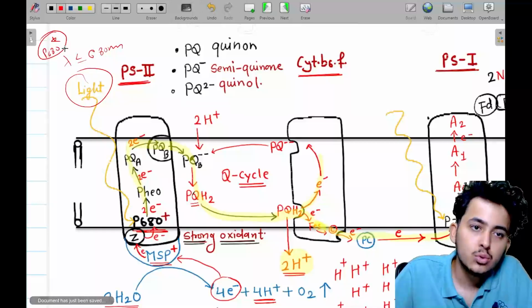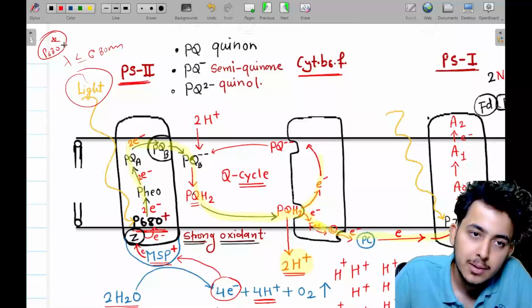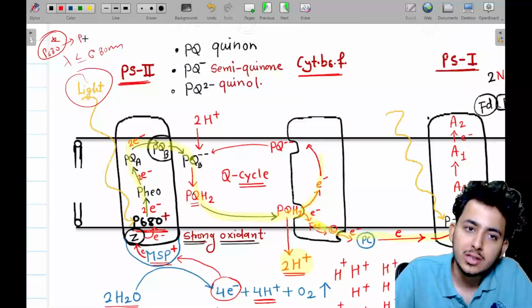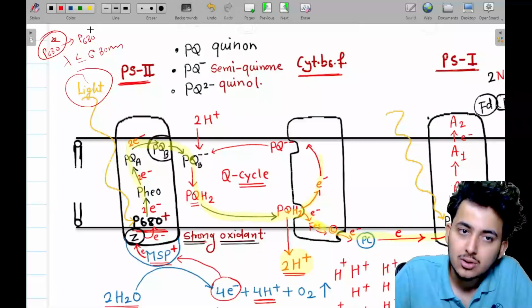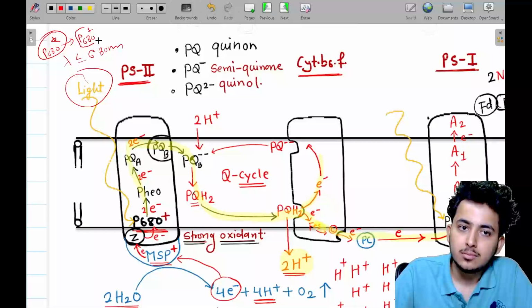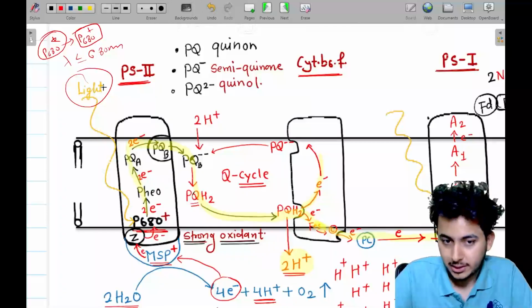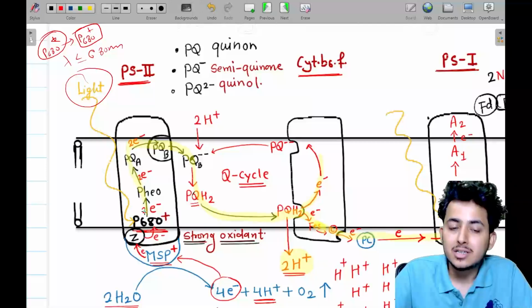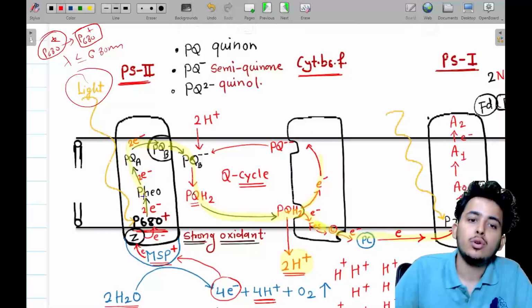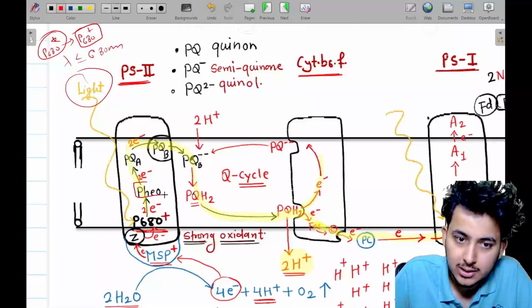Once it moves to the excited state, it returns back to the ground state, it becomes oxidized, and as it is oxidized, it becomes like a strong oxidant. Then it passes the electrons to phaeophytin, the primary electron acceptor.